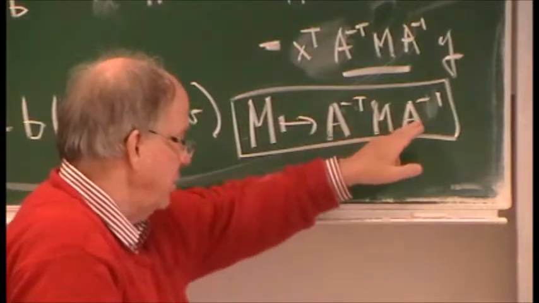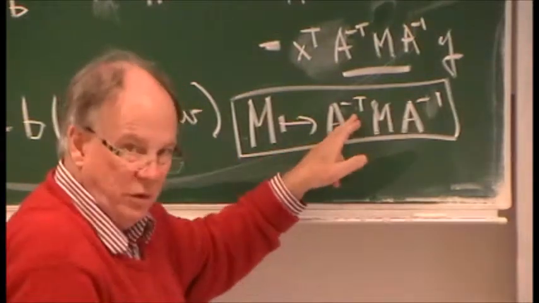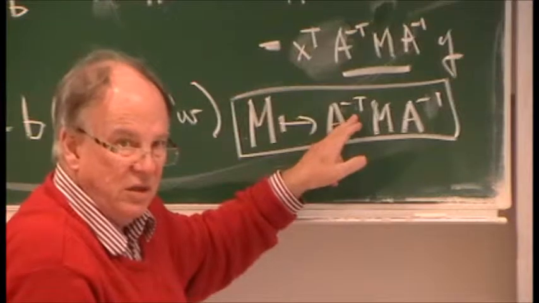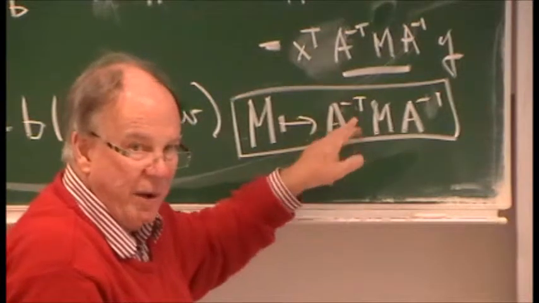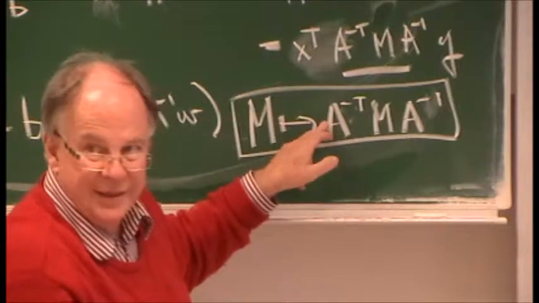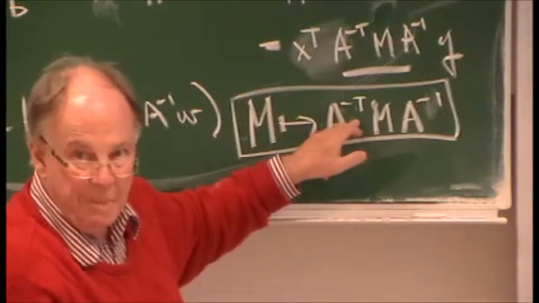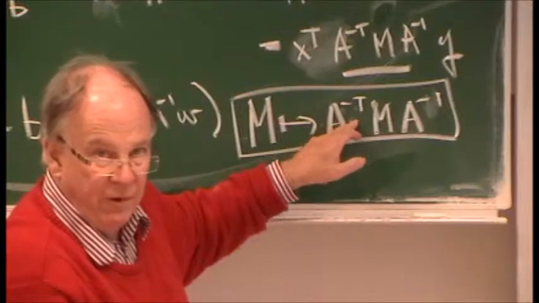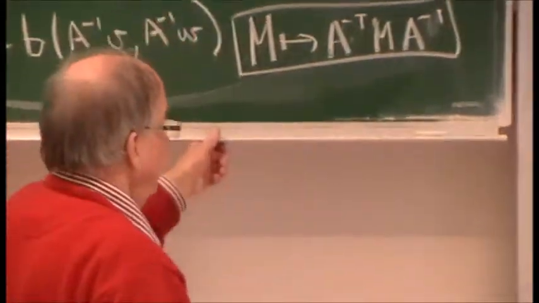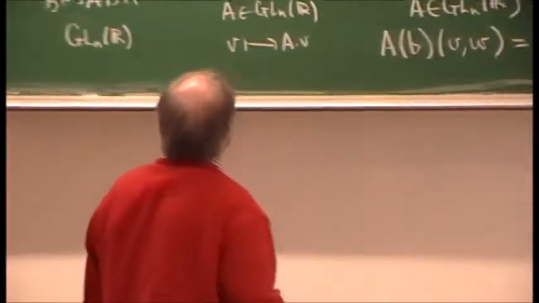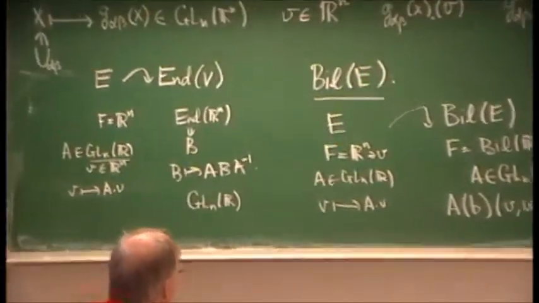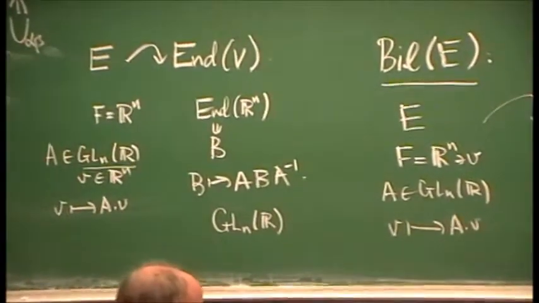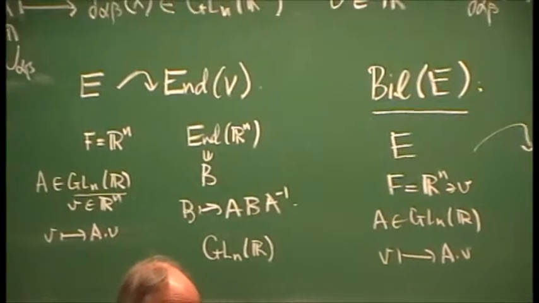So you must have inverse on the right and inverse transpose on the left. You understand? This makes this a homomorphism, right? You act by A and then act by B. It's the same thing as acting by AB. Okay? Well, that's a little bit boring, but I think you see that all sorts of different things appear from one vector bundle in a very elementary way.